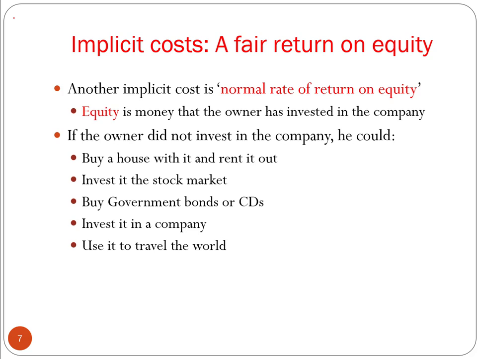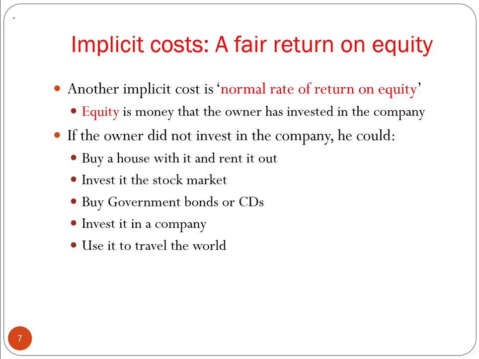The equity might be owned by somebody else. So you might get $100,000 from your rich uncle, not as a loan, but for an ownership share in the firm. Now, if the owner didn't take that $100,000 and invest it in the company, he could do something else with it. One thing he might do is buy a house and rent it out. He or she might invest it in the stock market.